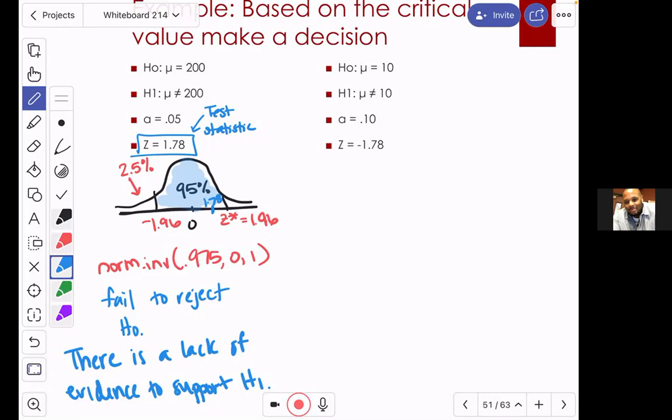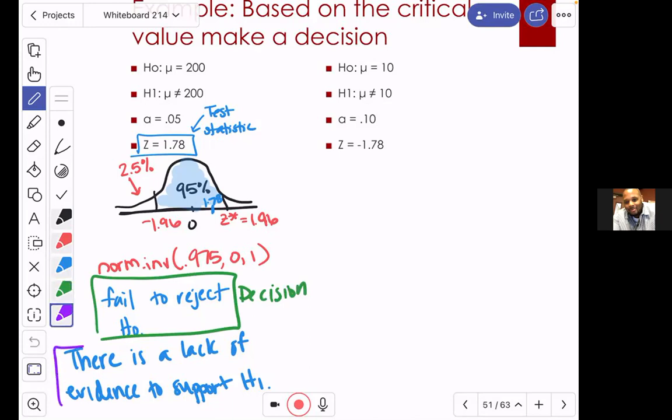And there's two parts to this. This first part, when you fail to reject H0, is called the decision. The decision is always made with respect to H0. It's always made with respect to the null. This part right here is called the conclusion. In a trial, the jurors make a decision.